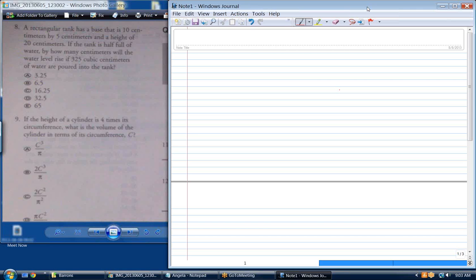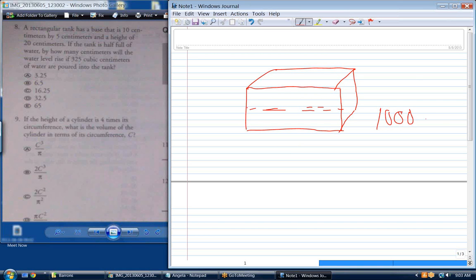Okay, so I'm looking for volume, which would be 10 times 5 times 20. Correct. So let's see, that's 1,000 cubic centimeters.